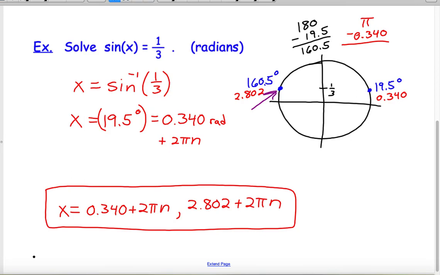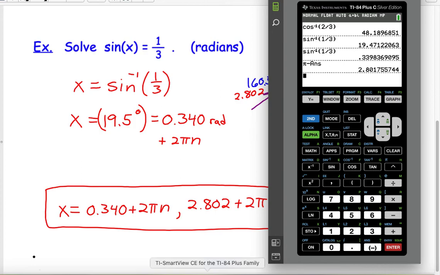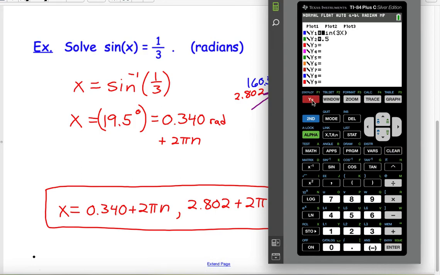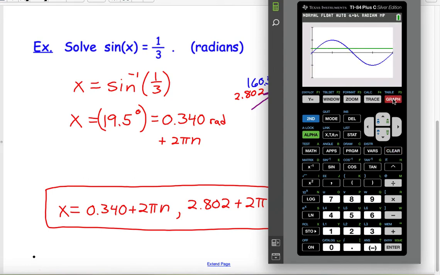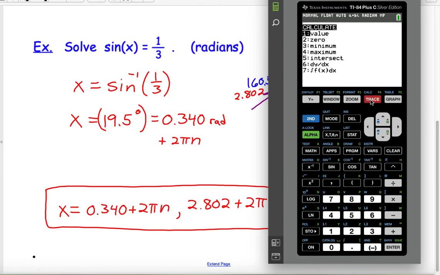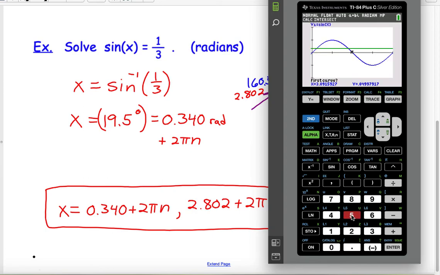And I'll show you very quickly on the calculator just to get a visual for what's going on. So I'm going to graph sine of x. And then down here, I'll graph 1/3. Notice there's two answers there. I can hit trace and type in my decimal, or I can do second calculate, number 5, intersection.